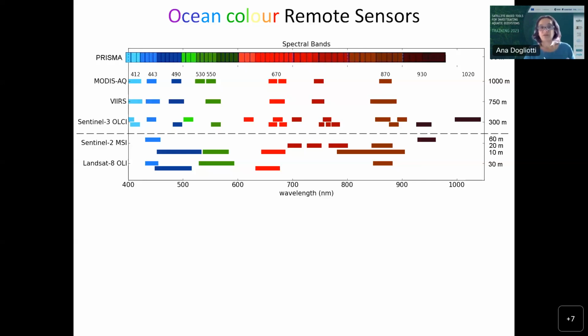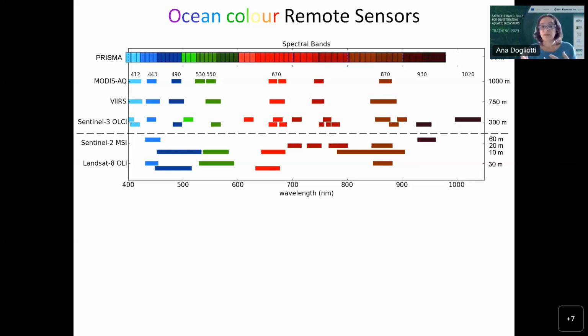Work has been done differentiating cyanobacteria. For example, cyanobacteria have a specific pigment called phycocyanin that has an absorption in a band around 620. So this pigment is specific for this group. There have been algorithms that try to detect this absorption in the 620 band.